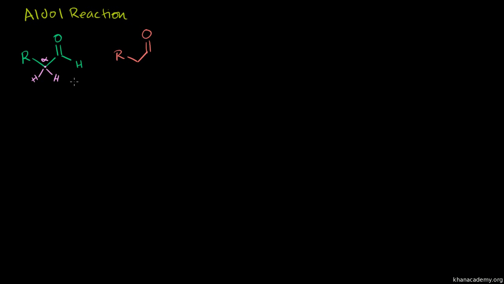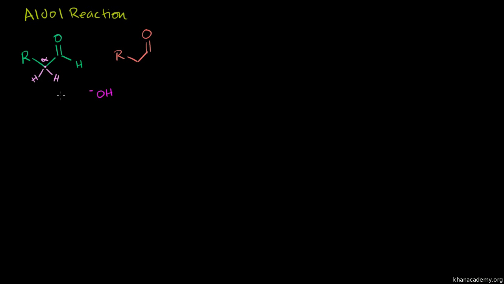Now, the aldol reaction I'll show you will be in a basic environment. So you can imagine that it'll be catalyzed by a base. And so imagine we have some hydroxide laying around, some of the hydroxide anion. Let me do that in a different color. So let's say we have some hydroxide anion floating around, negative charge, just like that. I just told you that these hydrogens, these alpha hydrogens, are much more acidic than hydrogens anywhere else on a carbon chain.